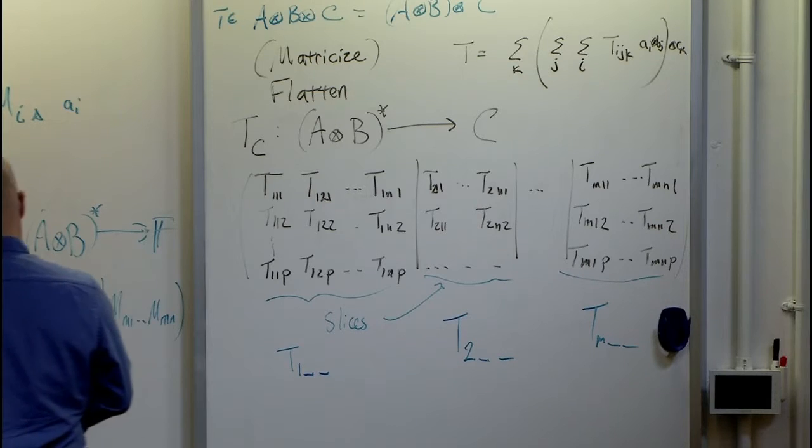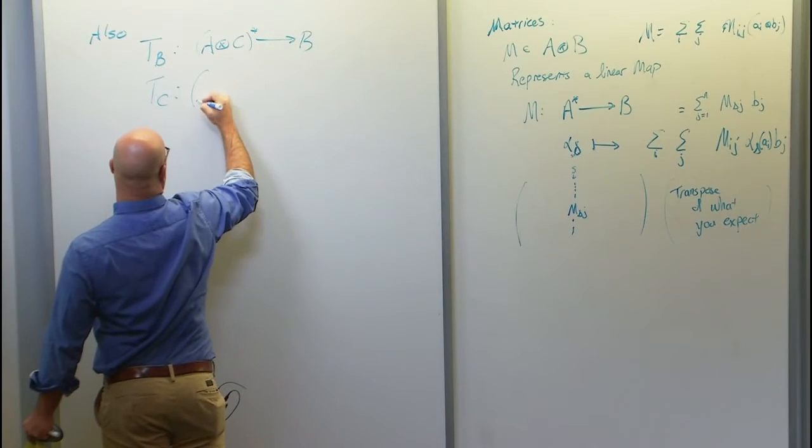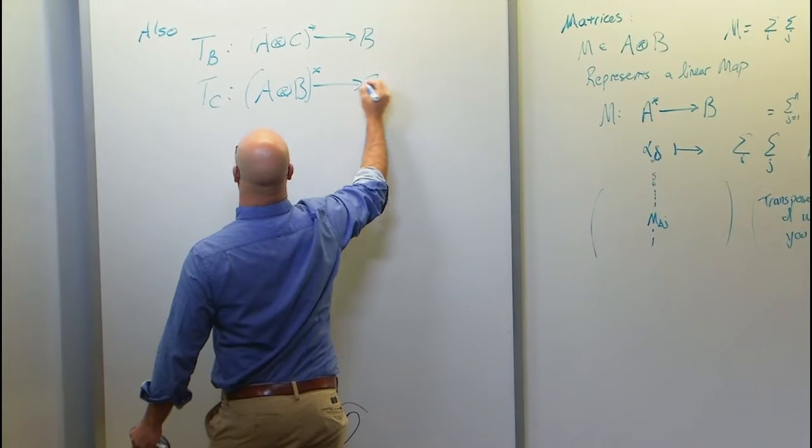Okay, so of course I can do this for all choices, just like I did for matrices going between two different vector spaces. I also can define, and I'm not going to write them, T_B, which is going to be a map from A tensor C dual to B. T_C is going to be a map from A tensor B dual to C. We already did this one.